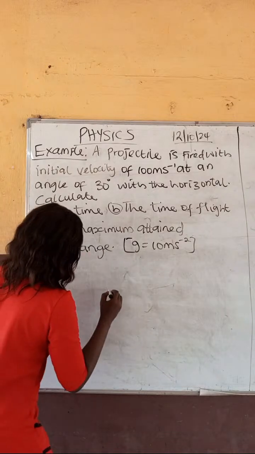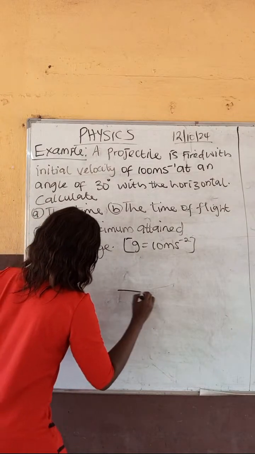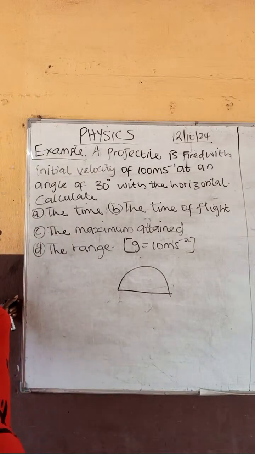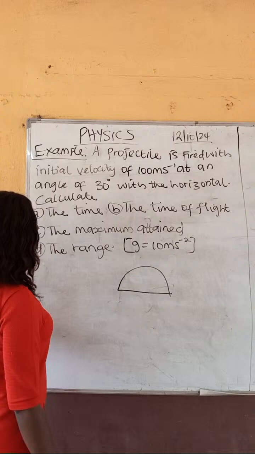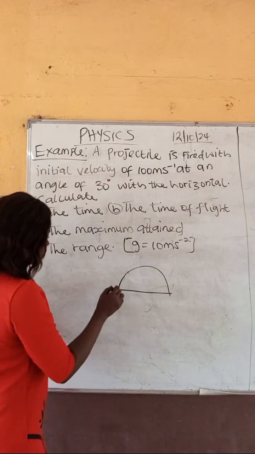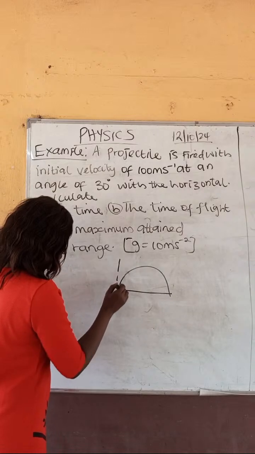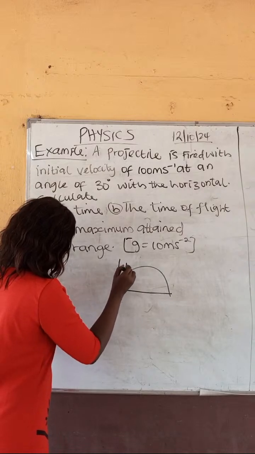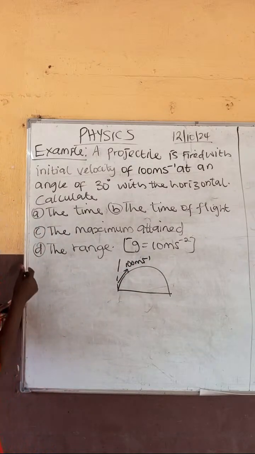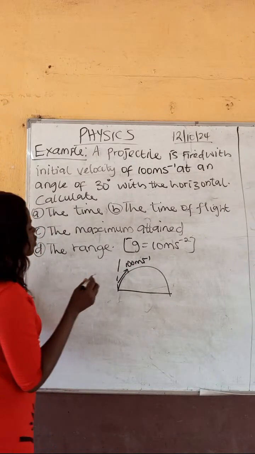Now, if I want to draw a projectile, I will say this is a projectile, right? Now, this projectile is fired with an initial velocity of 100 meters per second. So it's moving with a velocity of 100 meters per second at an angle of 30 degrees with the horizontal.